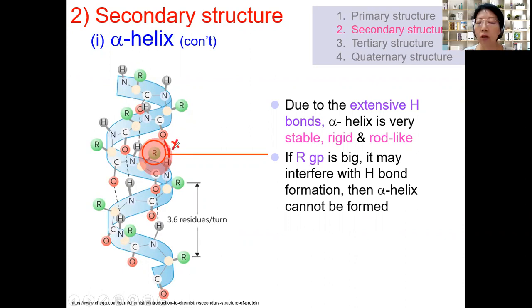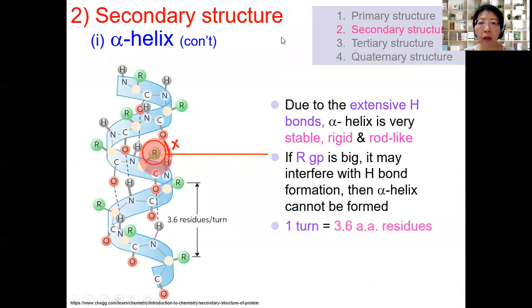Whenever hydrogen bonds cannot be formed regularly in every amino acid residue, then the polypeptide chain will not be able to fold into its alpha helix. So in an alpha helix, all the R groups must be small enough so that they will not block the formation of hydrogen bonds between the CO and the NH within the backbone of this polypeptide chain.